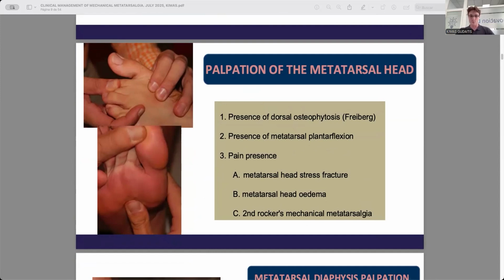During the examination, we look for specific signs that help us to confirm or rule out these possibilities. For example, when we palpate the metatarsal head or the diaphysis on the dorsal side, it's very common to find pain in patients with bone edema. This kind of pain usually means there is a bone stress reaction, and we must consider it as a possible cause.